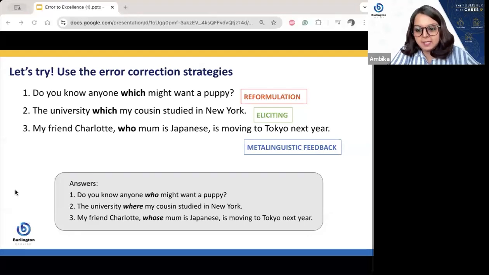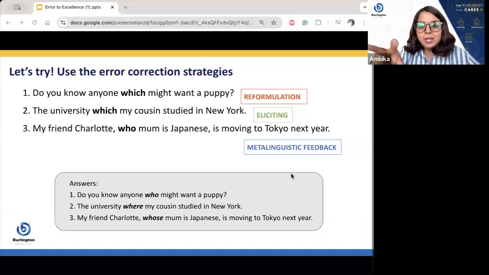The answer is where. How would we elicit this? So, which means we know where. When do we use the pronoun where? To indicate what do we use it, guys? Place, absolutely.